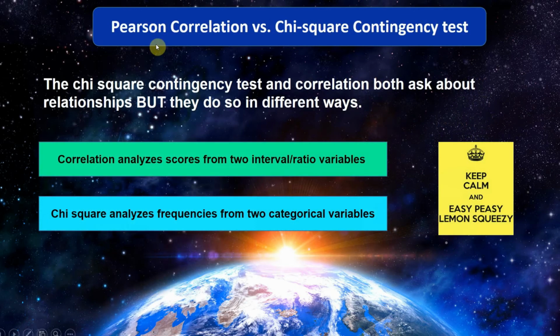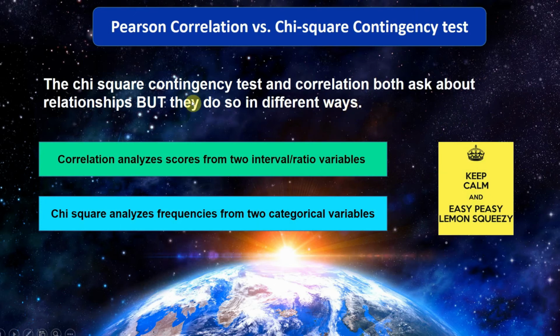A lot of people confuse the correlation, Pearson correlation, with the chi-square contingency test. And it kind of makes sense because if you look at the chi-square and correlation, they're both asking questions about relationships. Is A related to B or is B related to A? But they're doing so in different ways.